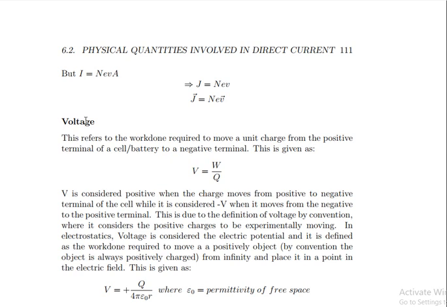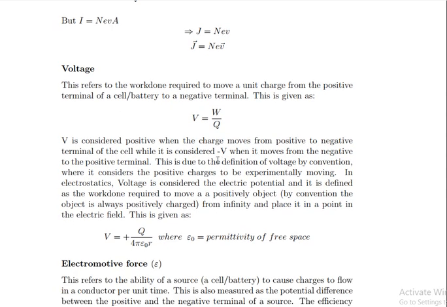So now voltage, let's visualize voltage. We need to know that by definition, voltage refers to the work done. Voltage, or electric potential, or potential difference, is defined as the work done required to move a unit positive charge from the positive terminal of a cell to the negative terminal. This is the energy, the work done per unit positive charge.